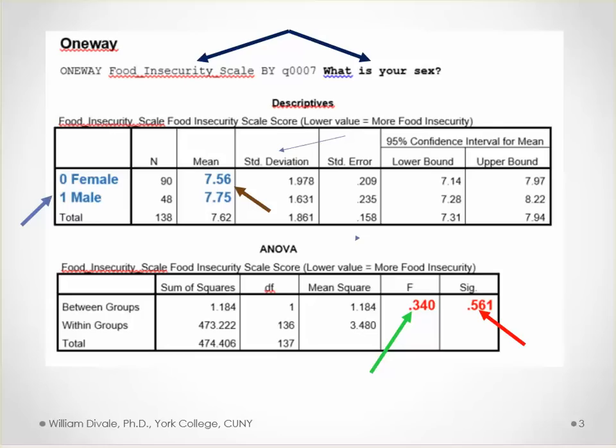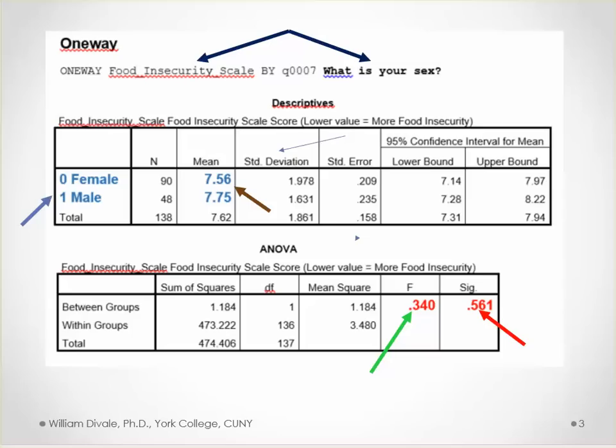In this case, it's 0.340. And then the red arrow points to the significance level. That's the probability level. The higher the F score gets, the lower will be the significance score value. In this case, the significance score is 0.561.